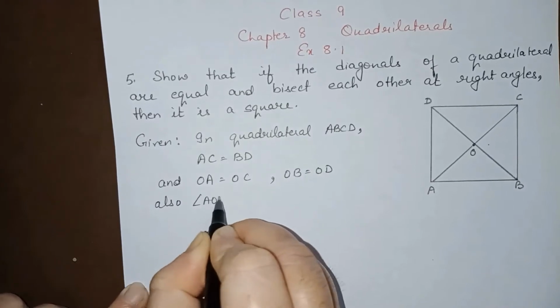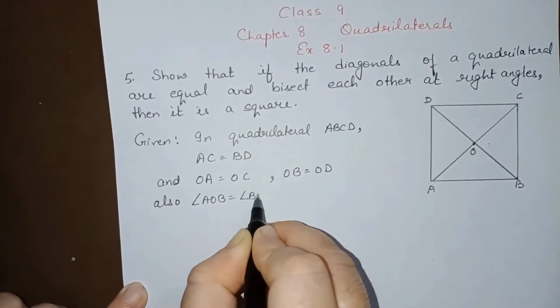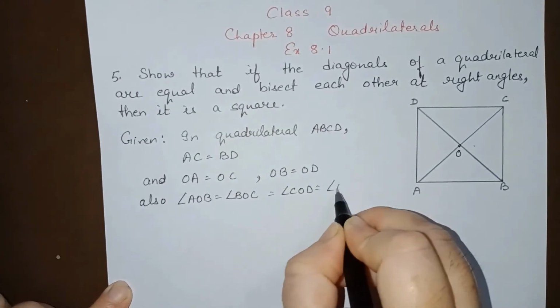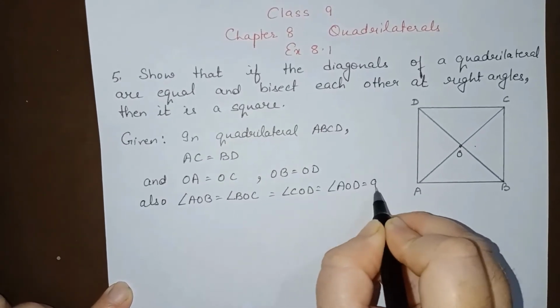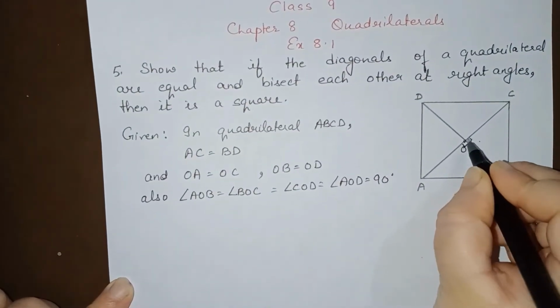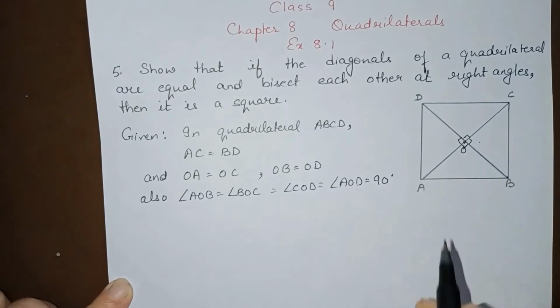Angle AOB is equal to angle BOC is equal to angle COD is equal to angle AOD, and each is 90 degrees. So it is given that these angles at O are 90 degree each.